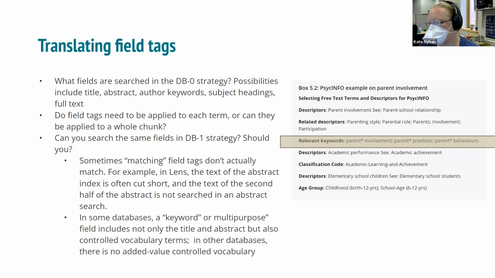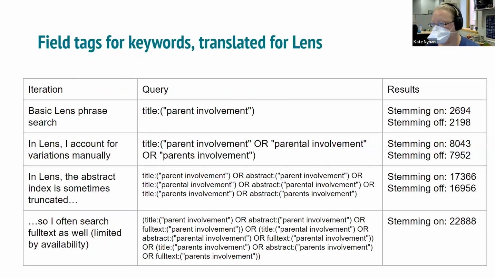Then there's the issue of exactly what a keyword search covers. Does it just include title terms and abstract terms, or does it also have some controlled vocabulary terms that you're relying on? So to put all this into practice, I'm taking the parental involvement keyword search and translating it to search in Lens.